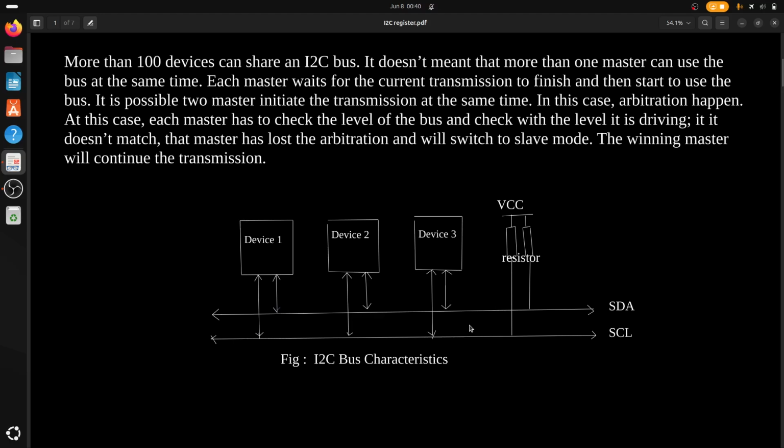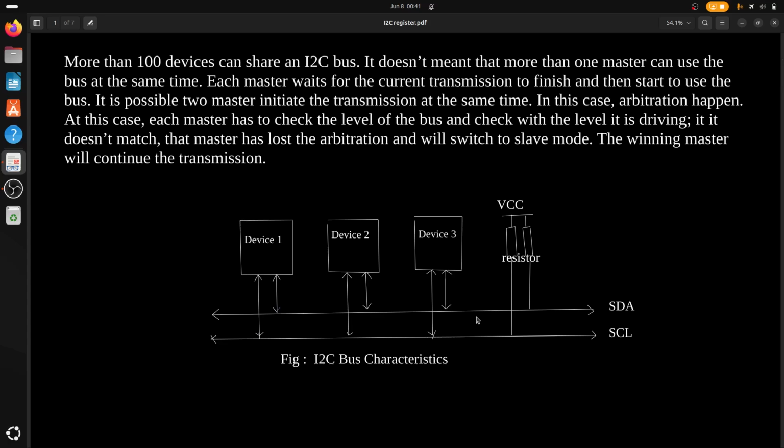So the winning master, only one master will win because the bus can be occupied by only one master. The others will lose because the levels of SDA and SCL and all the start and stop conditions will not be in proper format. It happens because the data or the address sent by the master in the bus is not acknowledged.